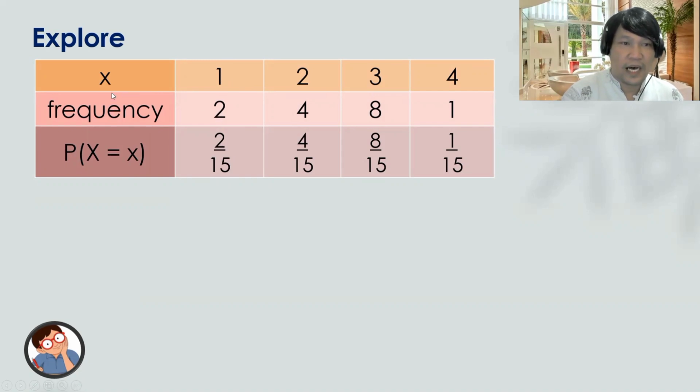For tile 2, we have 4 over 15, the frequency 4 over the total of 15. For tile 3, we have 8 over 15. And for tile 4, we have 1 over 15.